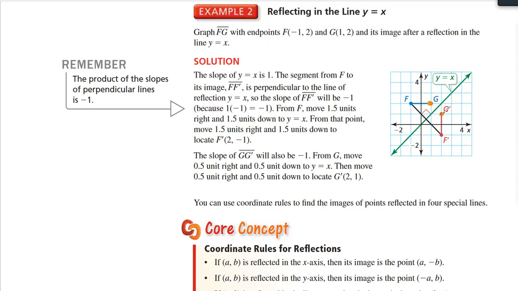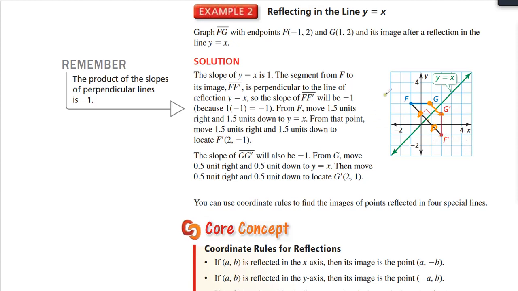G and G prime are both the same distance from the line of reflection, but the line I draw to find the distance is not vertical. It's a diagonal, right? But this and this are the same length. So is this and this. The distance from F to the line and the distance from F prime to the line are the same.